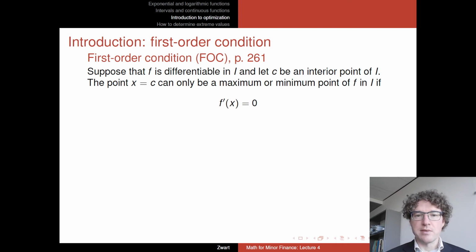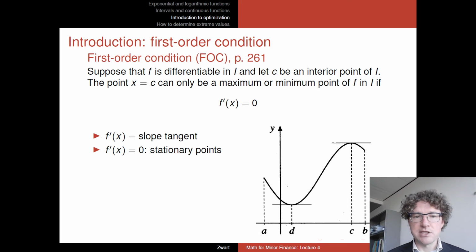So essentially we can see this happening here in this graph. We identified, and that's basically how we define the derivative, the derivative of f with the slope of the tangent to this particular graph. Well, what's happening at the maximum and at the minimum, points D and C in the picture?